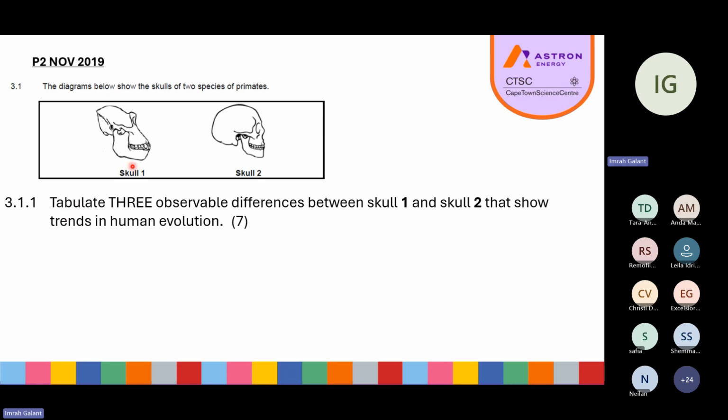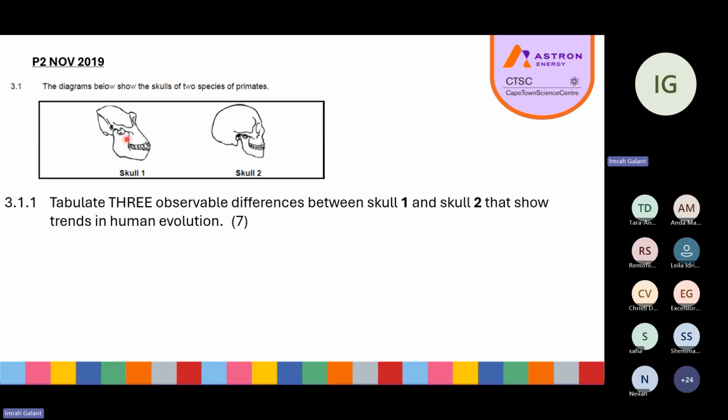So before we get to the answer, just by looking at it, what I note first is that skull 1 has a more prognathous jaw as compared to skull 2. Skull 2 also has a much larger skull or larger cranium. Skull 1 has a much smaller cranium.